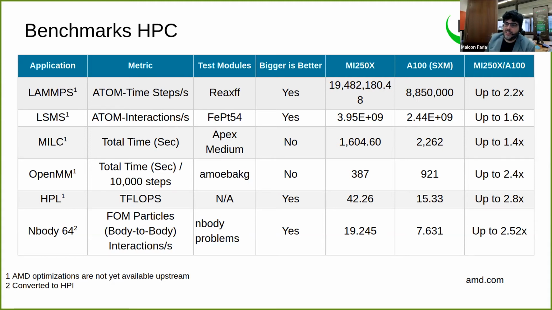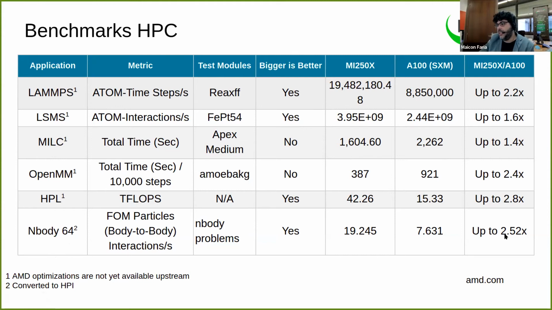I don't think that's the LAMMPS case, because LAMMPS, as far as I know, relies on Kokkos. But for the other applications, some of them, for instance N-body, are converted to HIP. So it's a quite straightforward change.